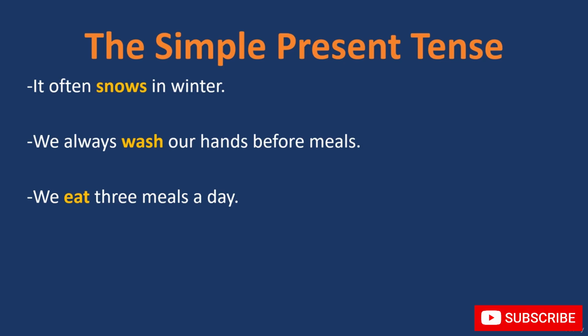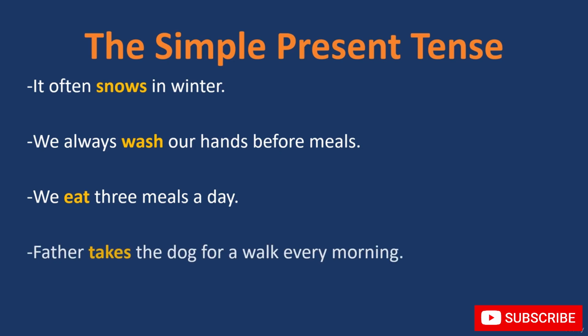Again, after he or she or it or a singular name of a person or something, we add s after the verb. Father takes the dog for a walk every morning. But if I change the word father into fathers, here it's written father takes, but fathers take.